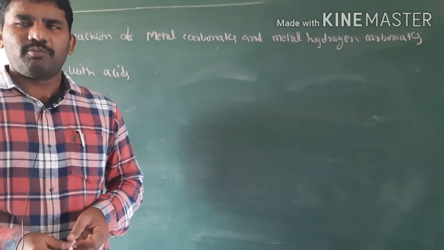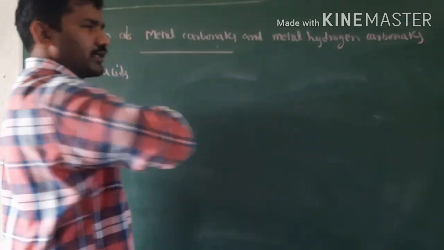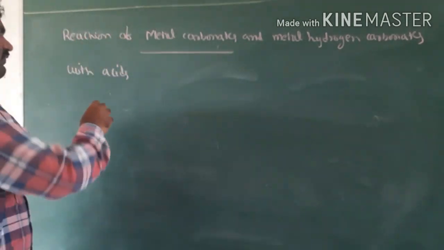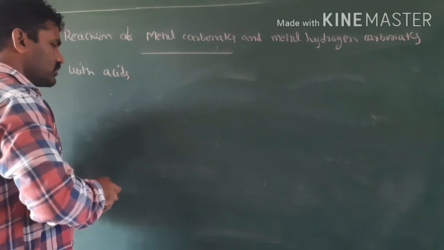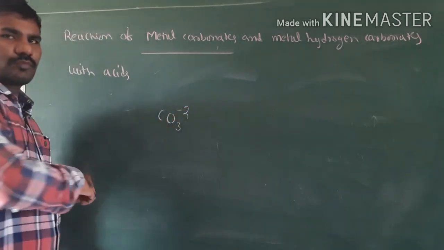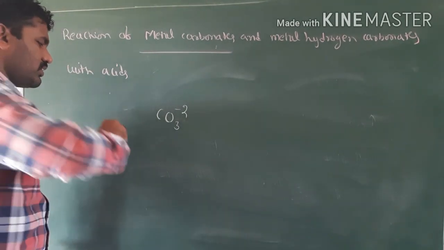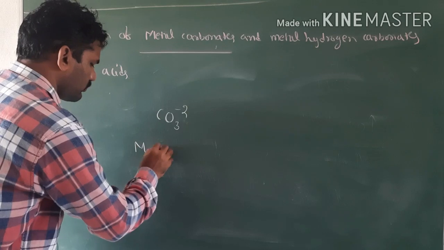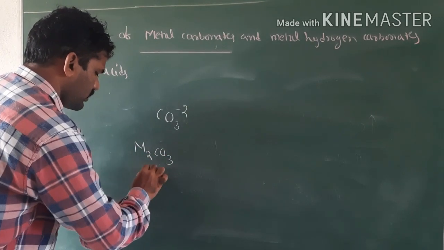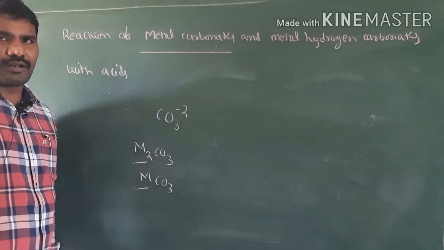Before going to learn about it, let us try to find what is metal carbonate. In case of metal carbonate, CO3 2- will be the anion. The general formula we are going to write as M2CO3 or MCO3, where M is nothing but metal.